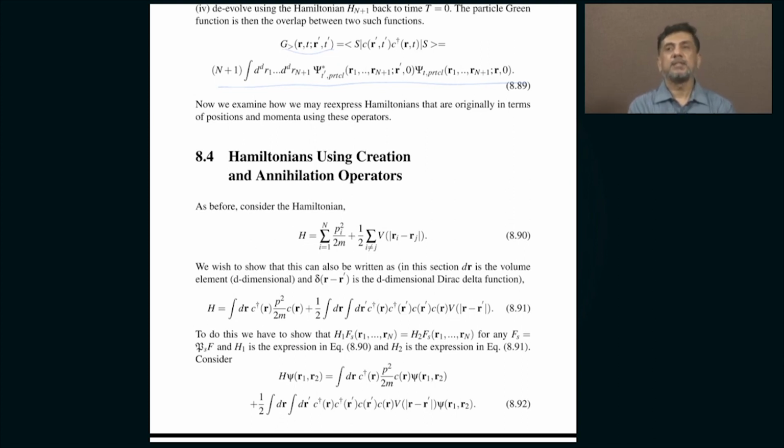For the same reason, we now want to be able to express a system of n particles in terms of creation and annihilation operators of particles themselves, rather than excitations, and rather than in terms of the original description in terms of position and momentum.